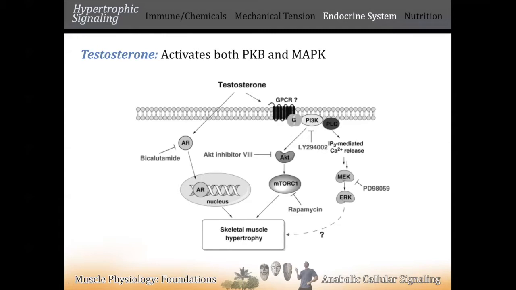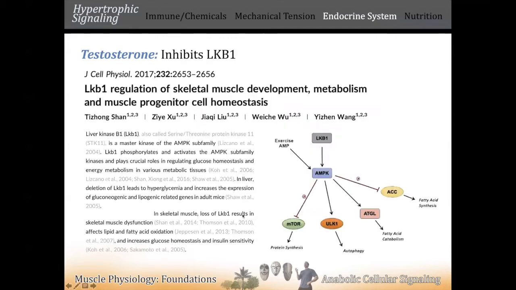Testosterone works in multiple ways, and the ways that I care about for this class are on this side, and especially this one. But MAPK and PI3K, PKB, those two roads, testosterone has a big effect on signaling through those two roads. Another thing that testosterone is doing is inhibiting atrophy through mTOR, right?